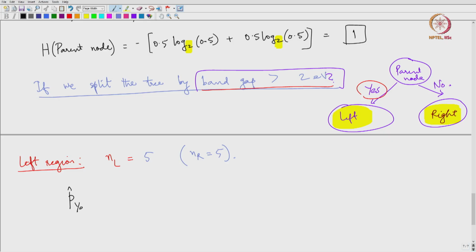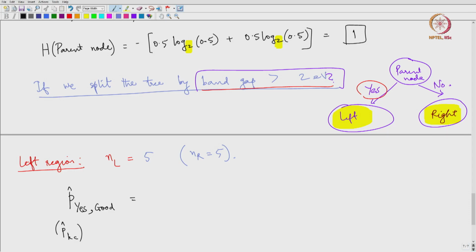So I am going to write it as P hat yes, good. Because this is P hat Kc, you can even add a comma because it is not a conditional probability. So P hat yes comma good. K is yes for band gap greater than 2, and C is good. That is the class we are looking at.